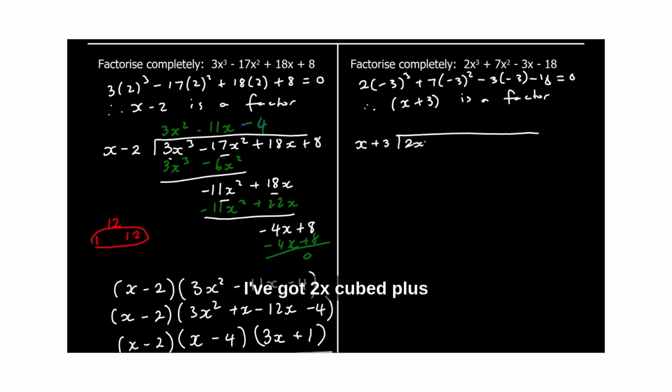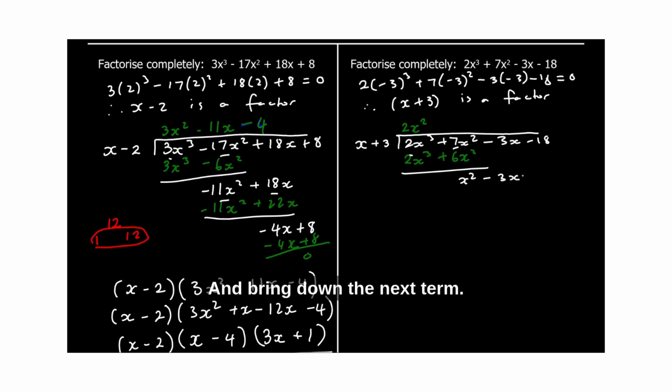Inside, I've got 2x cubed plus 7x squared minus 3x minus 18. 2x cubed over x, 2x squared, times by 2x squared. That's 2x cubed plus 6x squared. Take away 7x squared, take away 6x squared is just x squared, and bring down the next term.